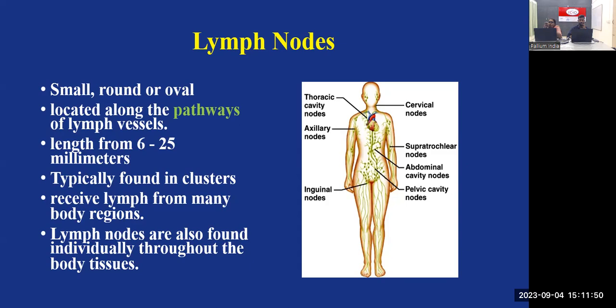They have a small round oval shape and are located along the pathways of lymph vessels. They are 6 to 25 millimeters in length and typically found in clusters. The major function of a lymph node is to receive lymph from many body regions and filter out harmful substances from the lymphatic fluid.